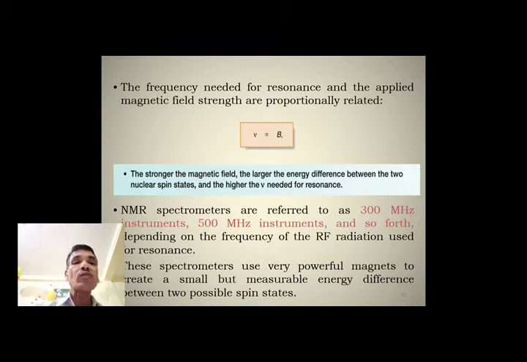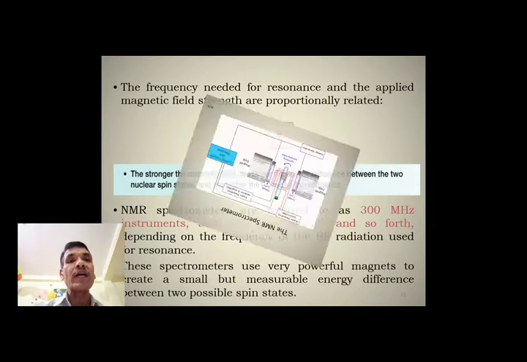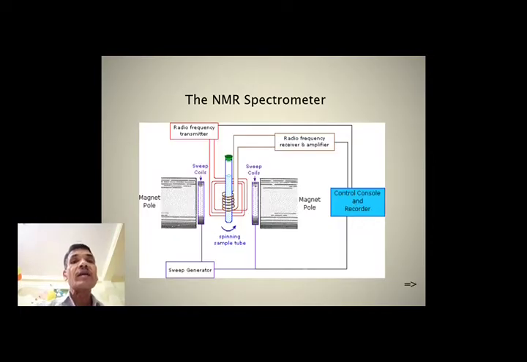These spectrophotometers use very powerful magnets to generate a small but measurable energy difference between two possible spin states of a spinning nuclei, and it can be measured easily.